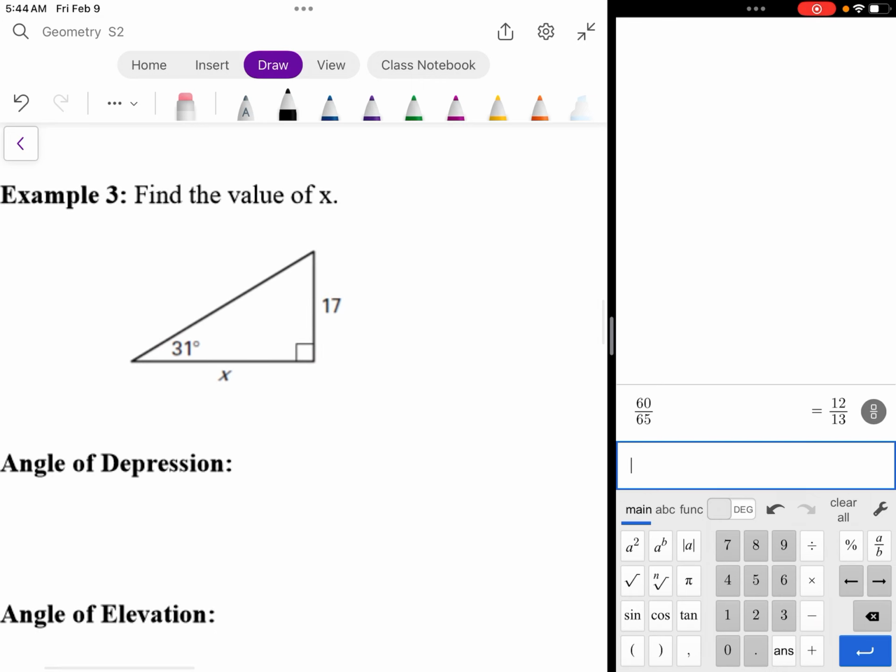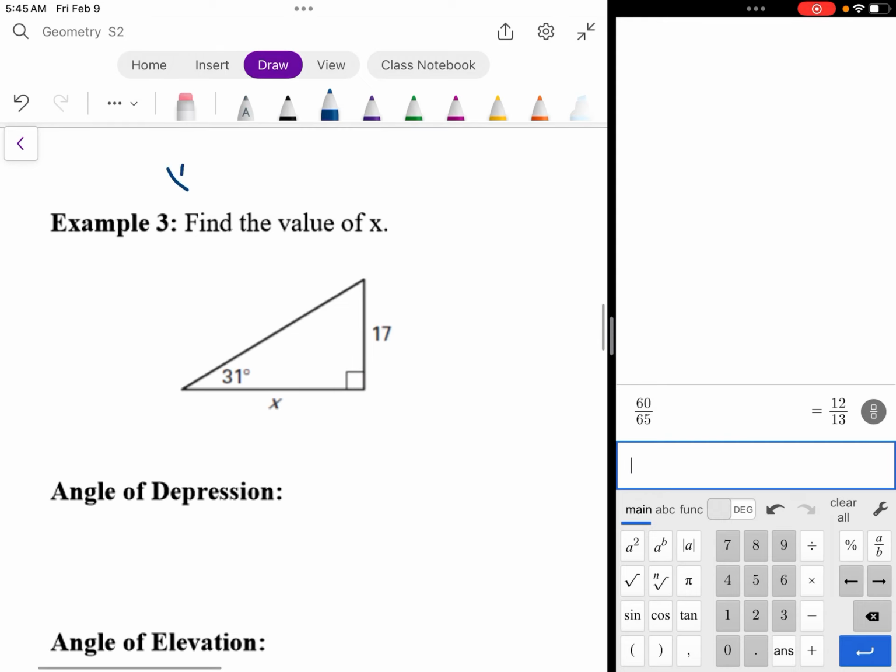So the first thing you're going to want to do is, if they only give you one of the angles, one thing I want you to know is when you are labeling the sides and you're trying to find your reference angle, you are only going to use the acute angles.